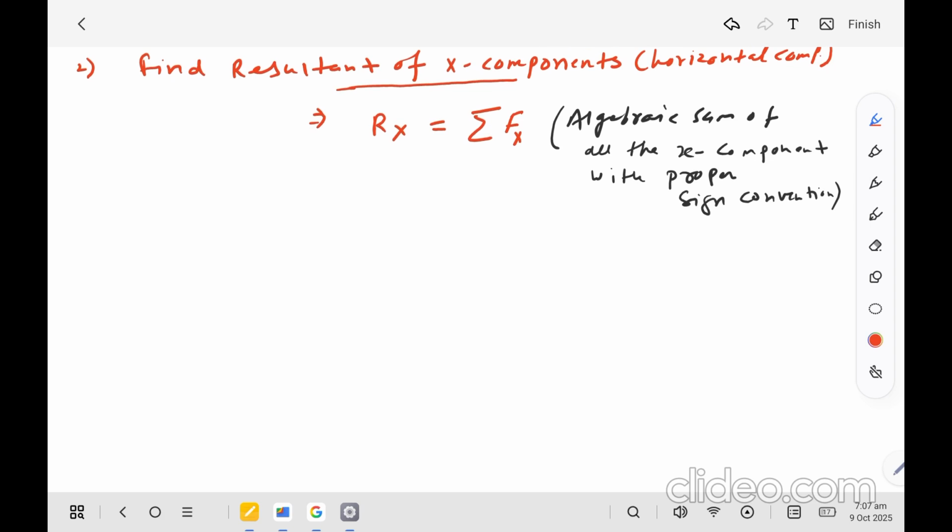So after finding Rx, the next task is to find the resultant of y components, means Ry.